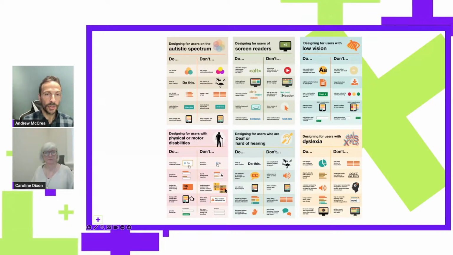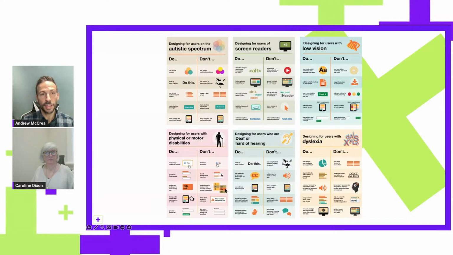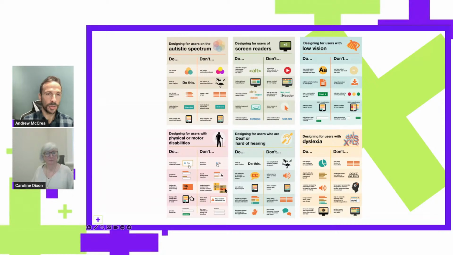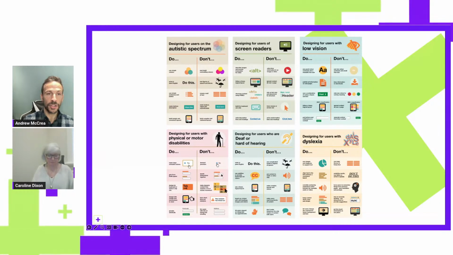A lot of the do's are very consistent, regardless of the impairment that you're designing for or the use case that you're designing for. So that can include things like good color contrast, text legibility, clear linear layouts. So these design principles are evident across lots of different interfaces when designing for a multitude of disabilities.